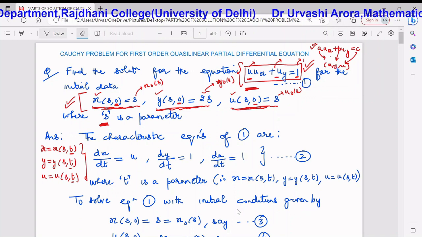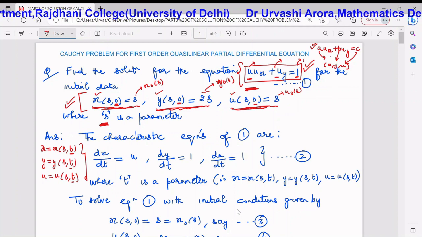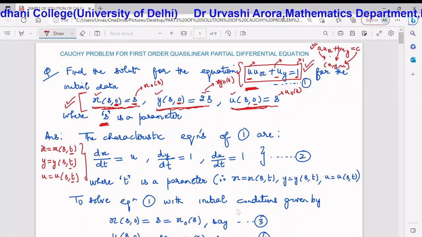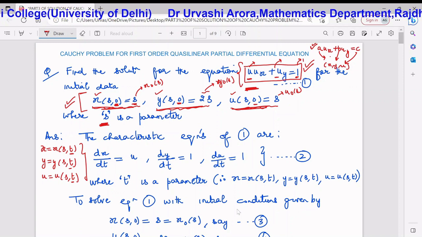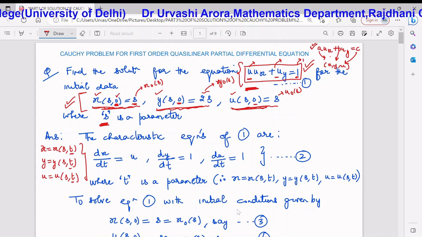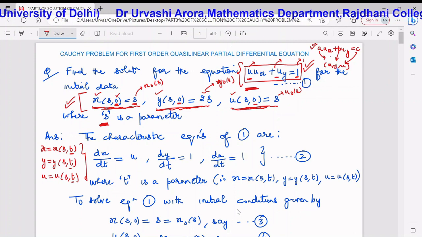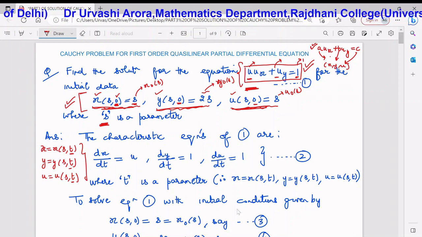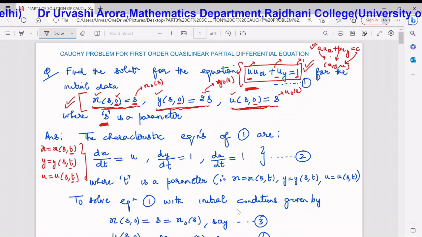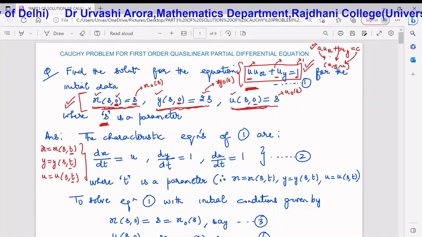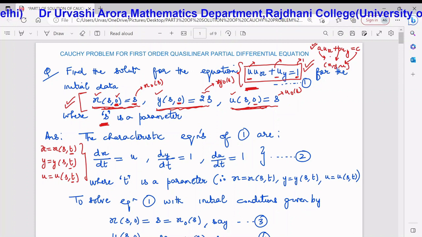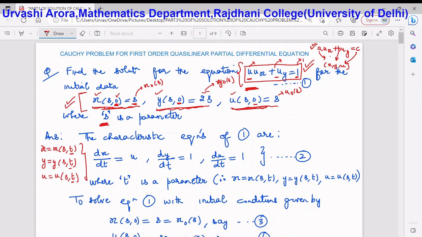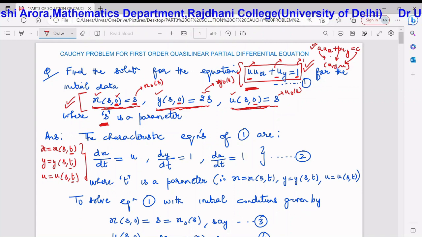Now for this particular question, there are two parameters involved. One parameter is s, which is occurring over here, and the other parameter at the second position is t, which comes from the characteristic equations if you consider them in parametric form. Whenever the Cauchy conditions or the initial conditions are given in parametric form, then the characteristic equations that occur in Lagrange's method also have to be considered in parametric form.